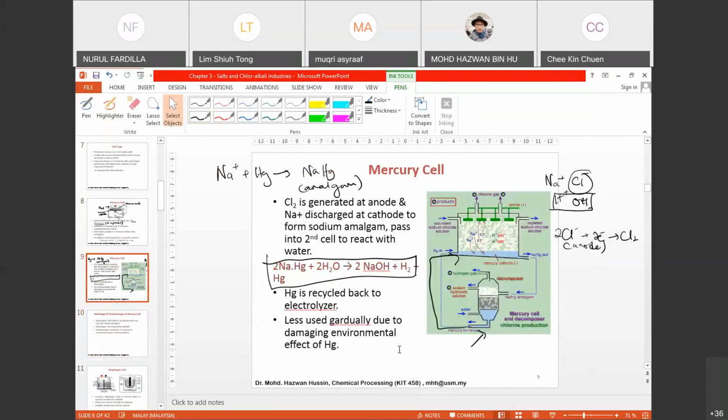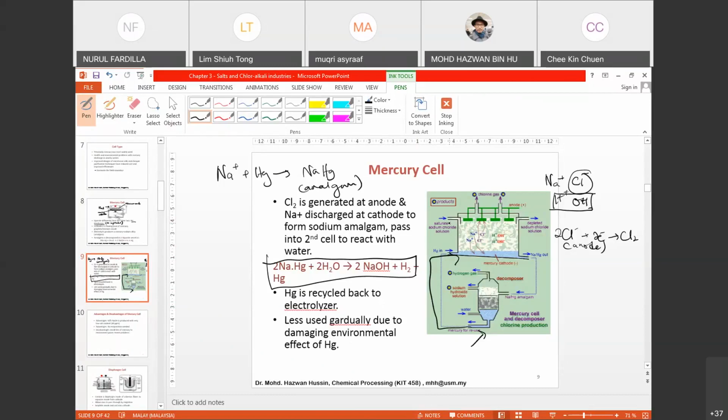Mercury cell now is no longer being used in industry. Not many industries that produce caustic soda concentrate on mercury cell anymore because of the use of mercury. Mercury is quite harmful to the environment, and most of the chlor-alkali industries are built near the seaside because you need brine solution as your raw material.